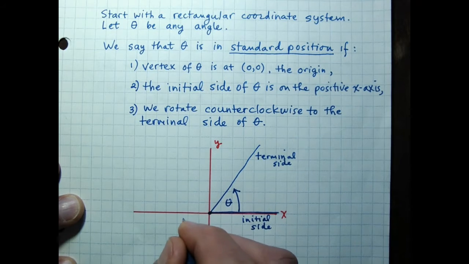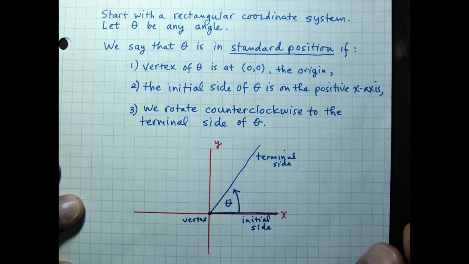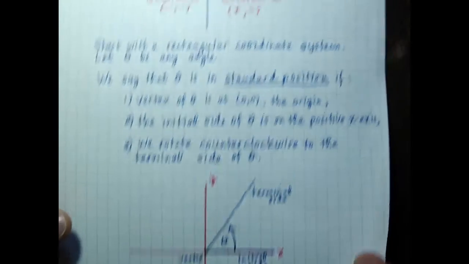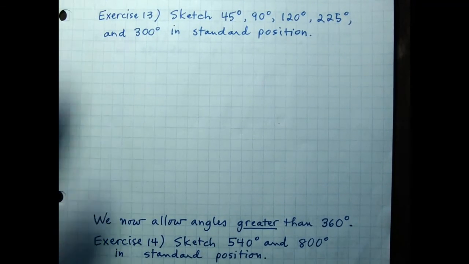And of course the vertex is at the point 0, 0. So there's an angle in standard position.